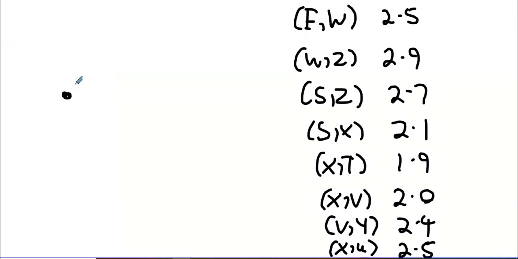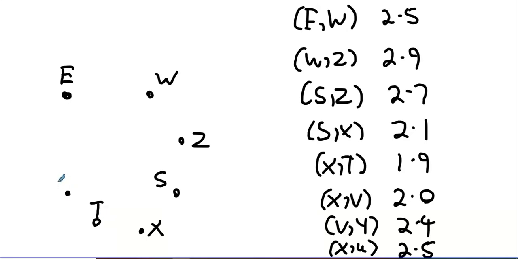Okay, so E, W, kind of link them like this, Z, then S links there. What's after that then? X, don't put T here. What else is there? V, and Y and U, yeah. Just go around in a circle there.